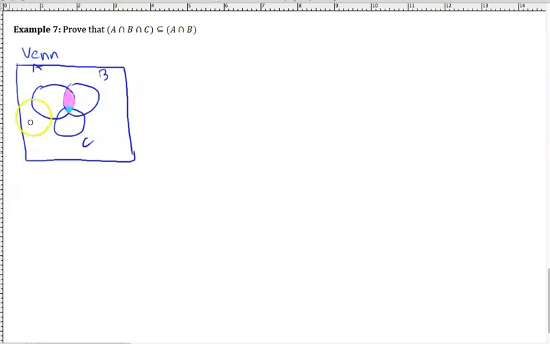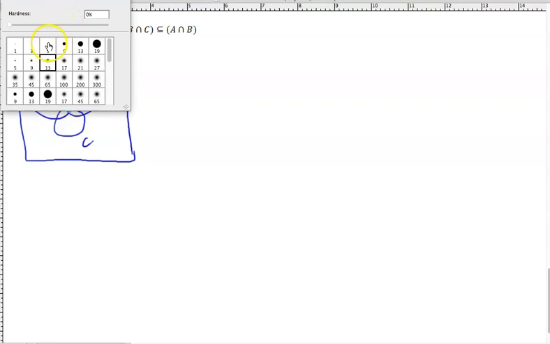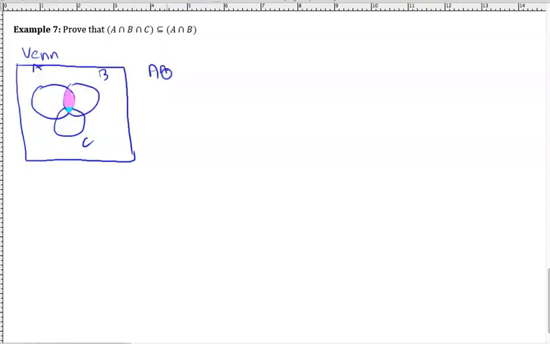All right, so I can see that the blue, which is the intersection of A and B and C, is inside. It's a subset of the intersection of A and B. Okay, so that's the Venn diagram proof. Now let's do it by definition.